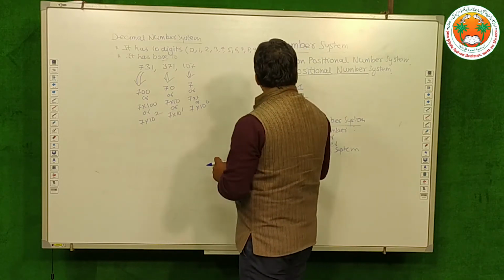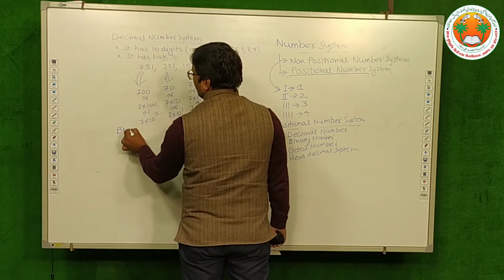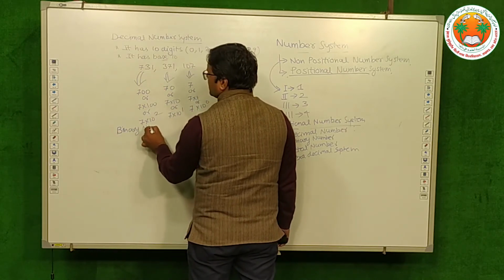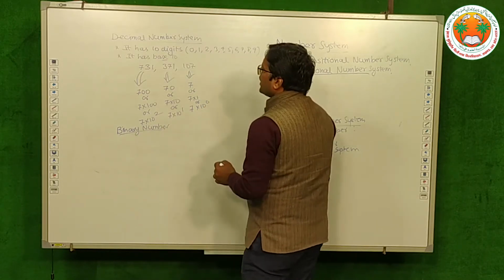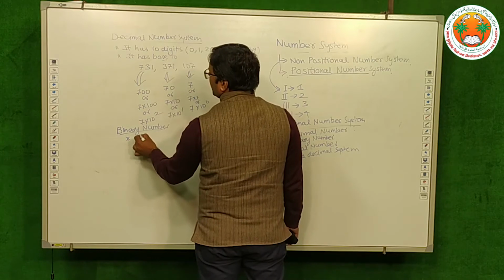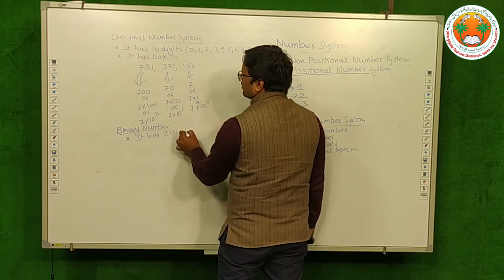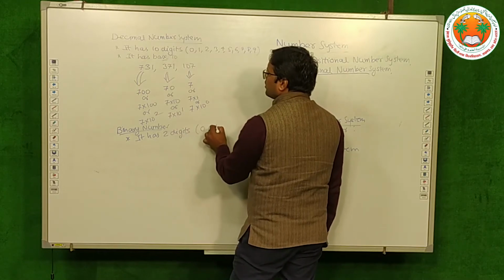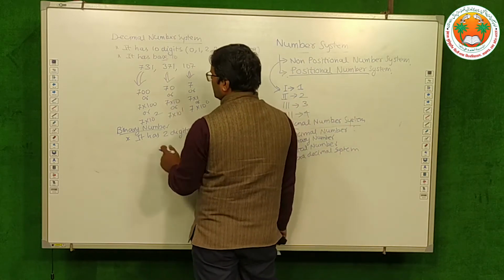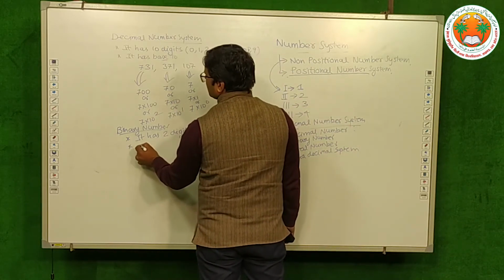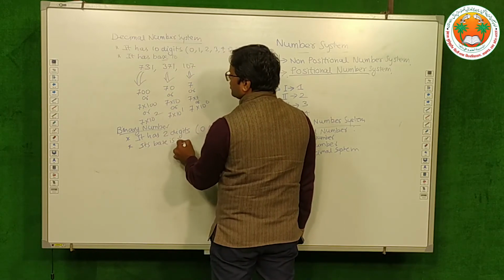And the next number system is the binary number system. It has two digits, 0 and 1, and because it has two digits, its base is 2.